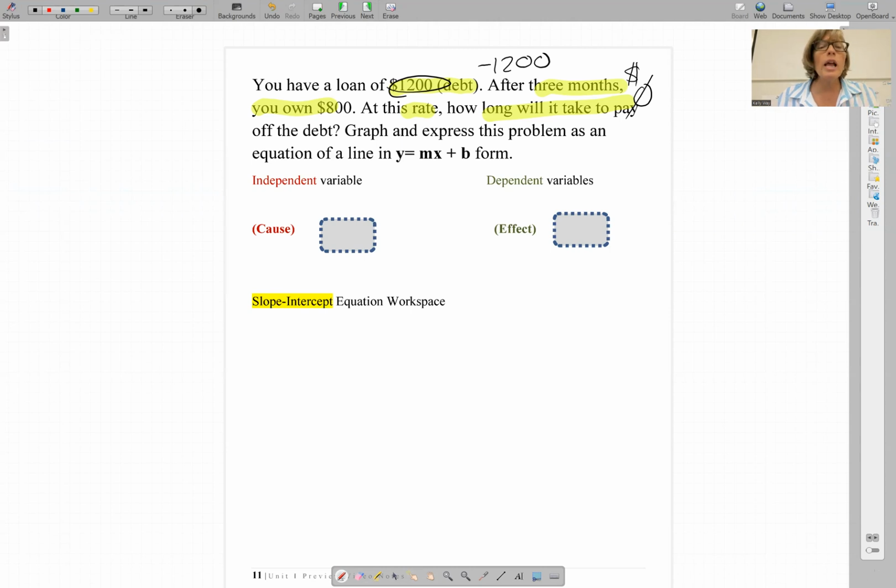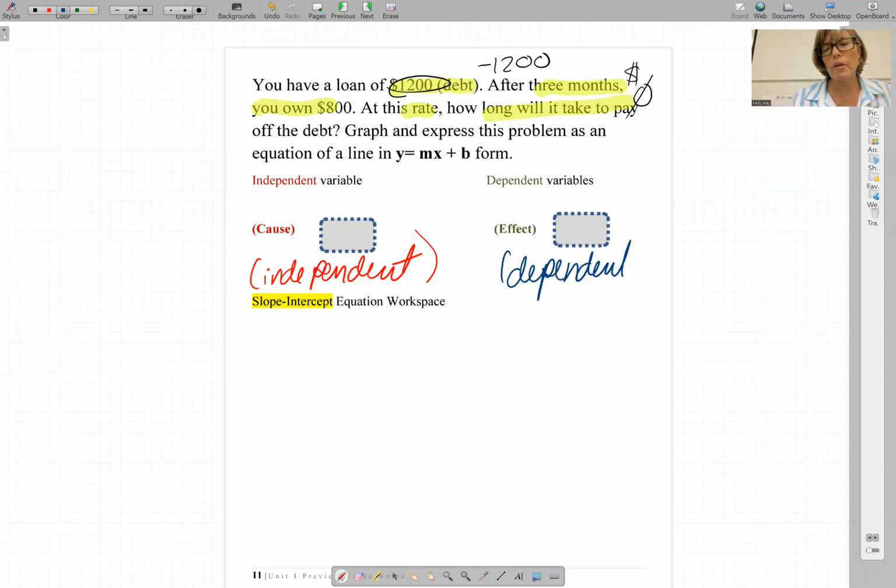You should have learned this in science, but you have cause and effect, just like conditionals, cause and effect. The cause is called the independent variable. The effect is the dependent variable. Independent and dependent. The independent variable is what causes something else to happen, and the dependent is what happens.